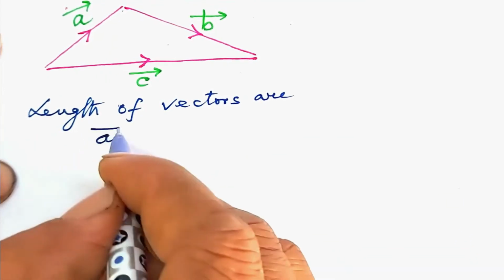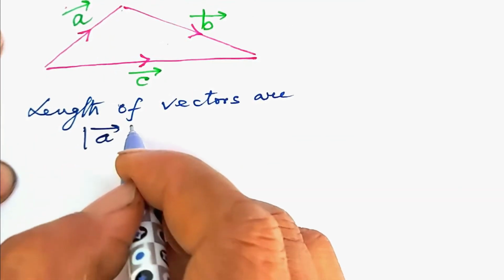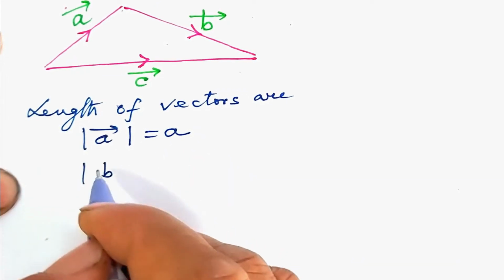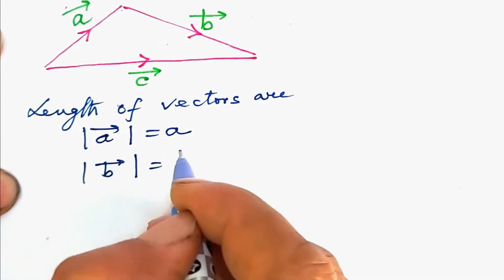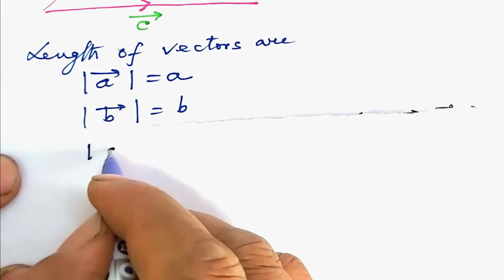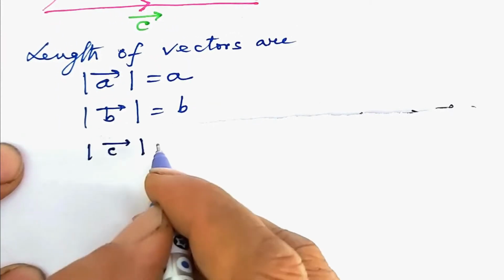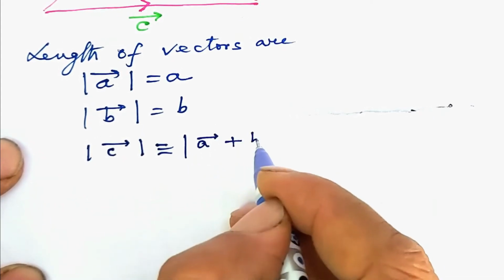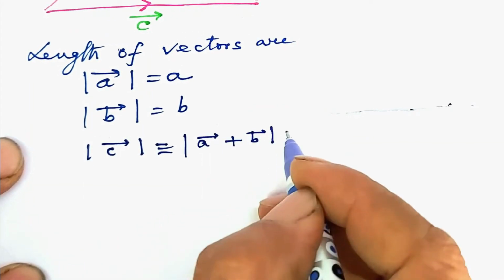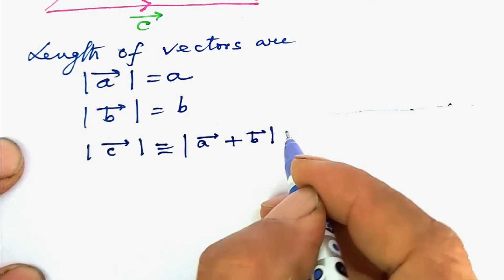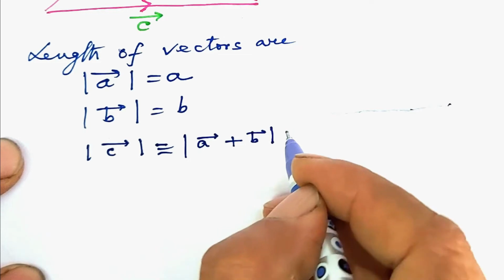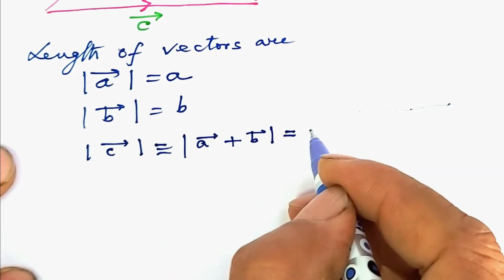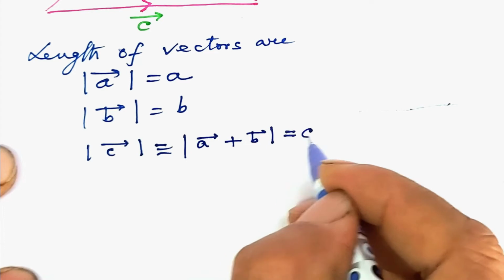The length of vector A is mod of vector A, or simply A. The length of vector B is mod of vector B, or simply B. The length of vector C is mod of vector C, which can equivalently be written as mod of vector A plus vector B, because we have just now written vector A plus vector B equal to vector C. We can also simply write the length of vector C to be simply C.